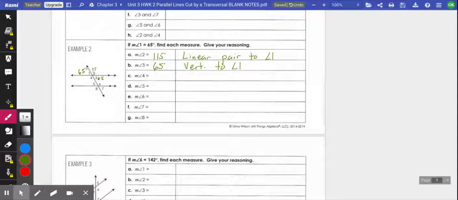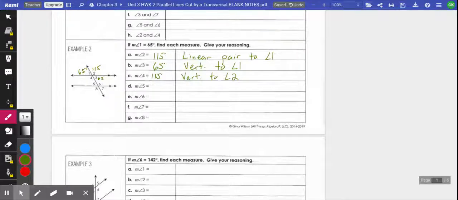Which then means, okay, what's angle 4? Well, angle 4 is 115. Now, once you start getting more than one angle here, your reasonings can be different. So you might say, oh, it's a linear pair also to angle 1, which would be right. But I can also say it's a vertical angle to angle 2. Still the same reasoning. It's congruent to angle 2, so it's 115.